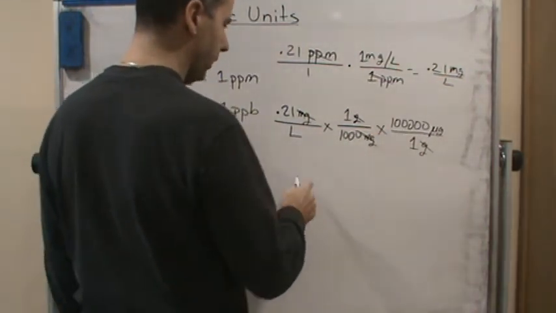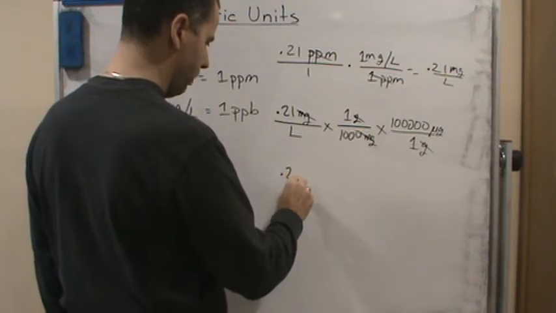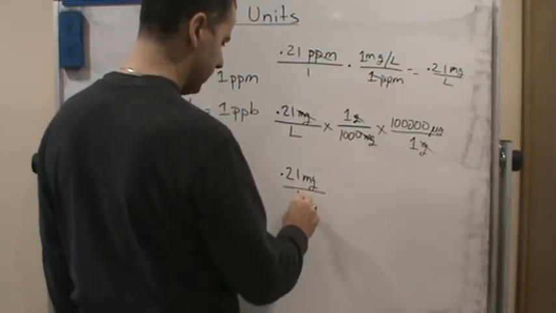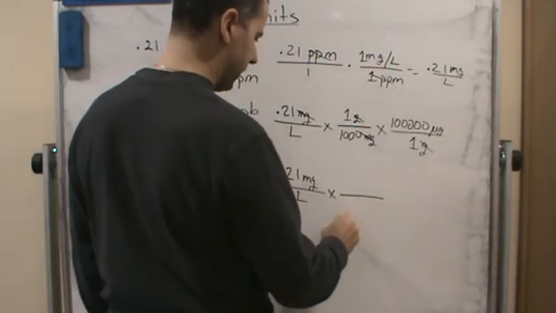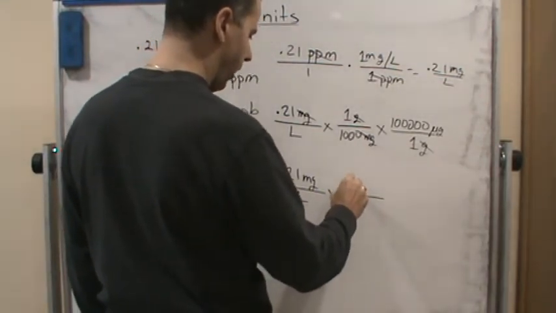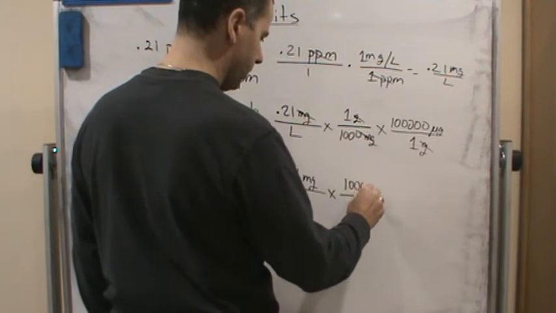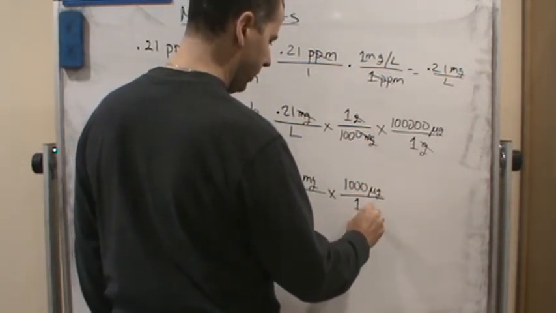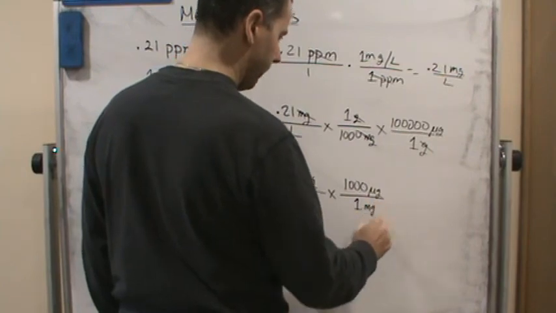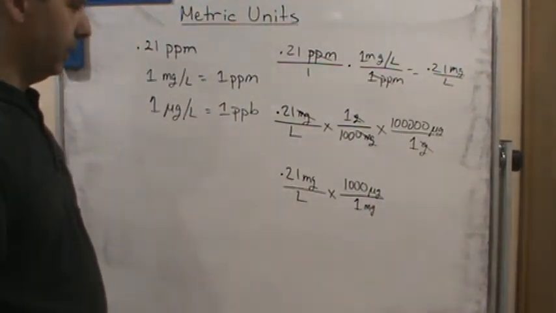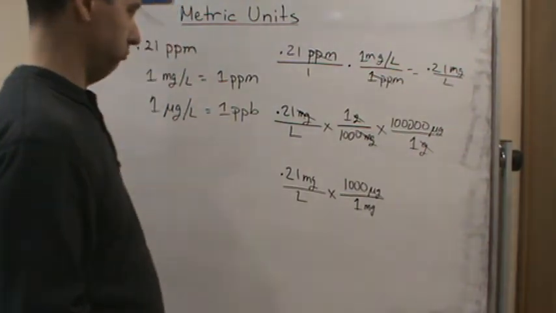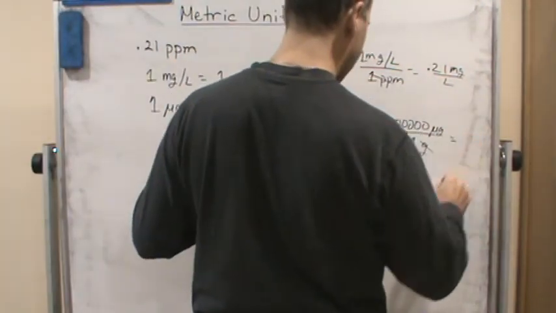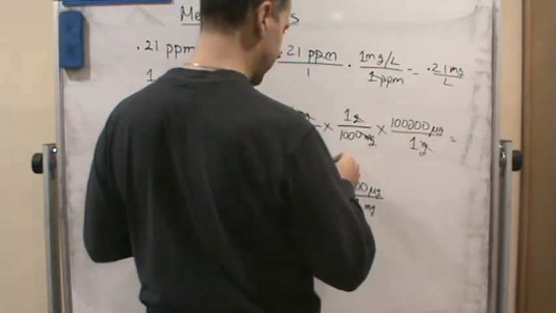Or I could just go 0.21 milligrams per liter and then just use the conversion factor that there are 1,000 micrograms in 1 milligram. They'll give you the same answer. And so in this case, I'm still going to end up with micrograms per liter, right?